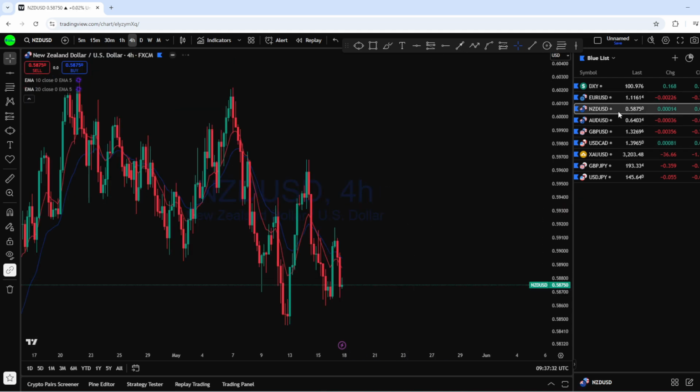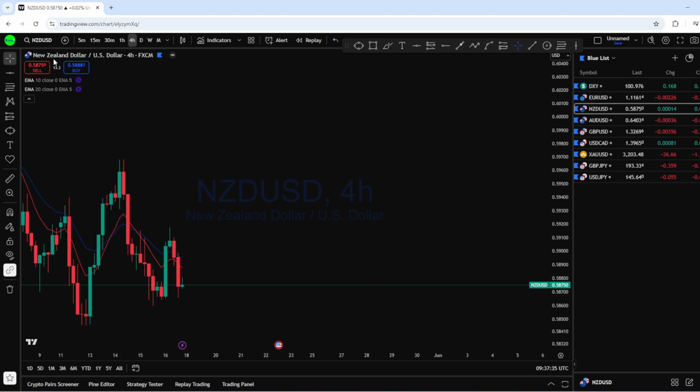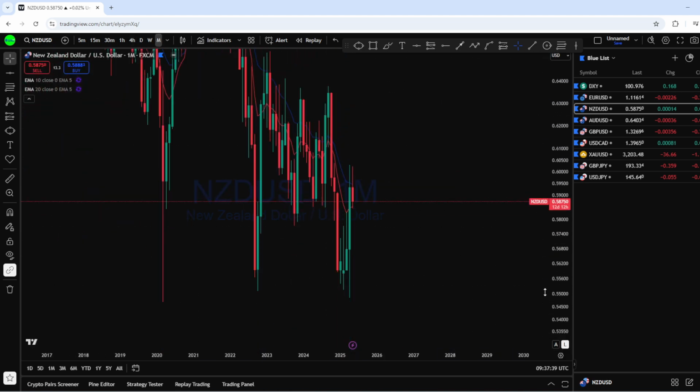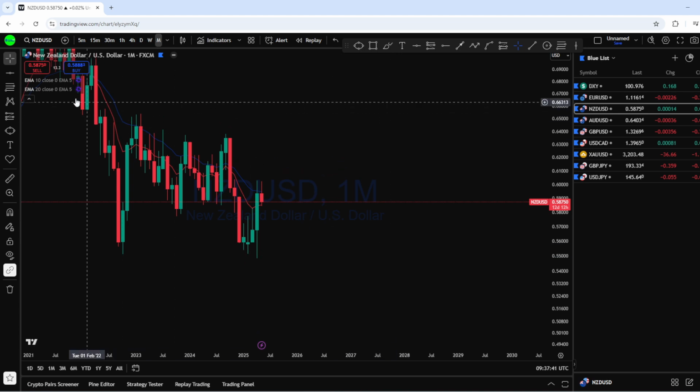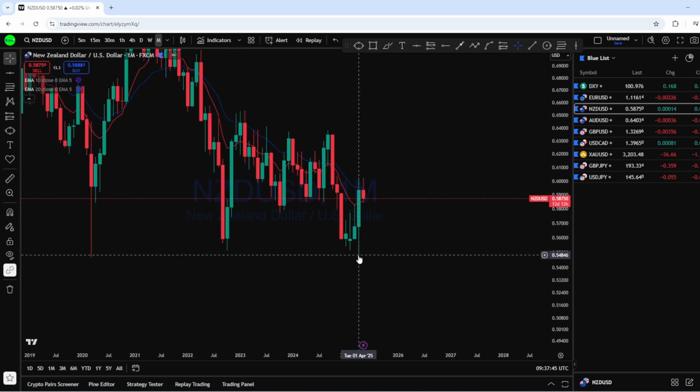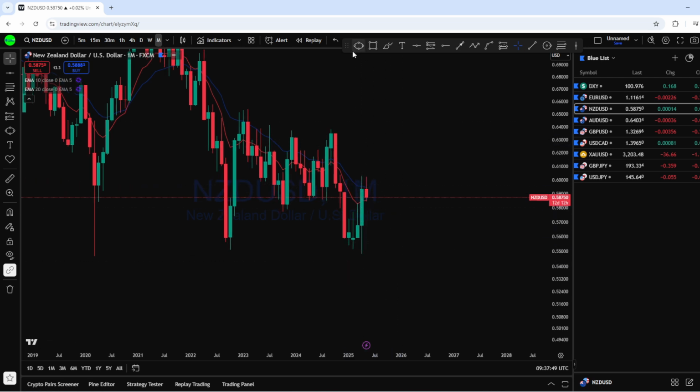Now let's look at NZD USD. Let's see what kind of trading opportunity we have. Looking at the monthly chart on NZD USD, this is the monthly price action. We can see the previous monthly candle is a strong bullish engulfer, a complete rejection from this support to this bull candle.